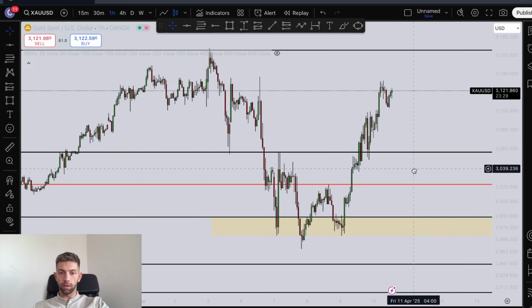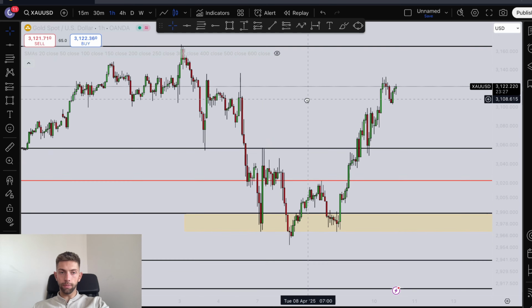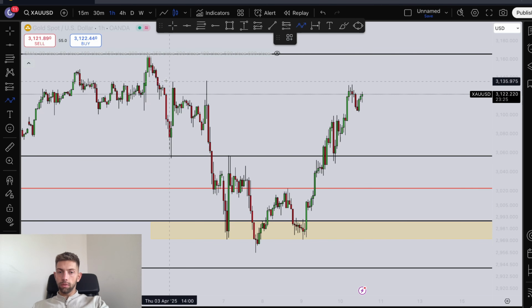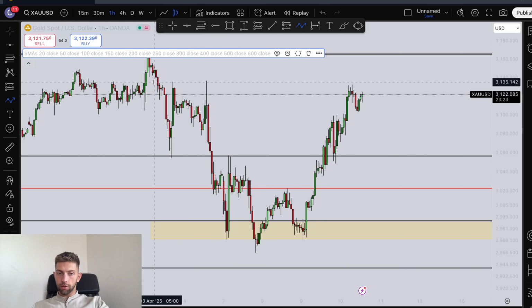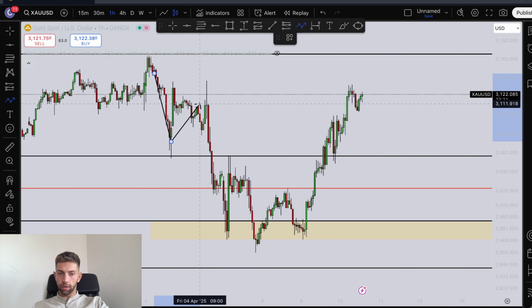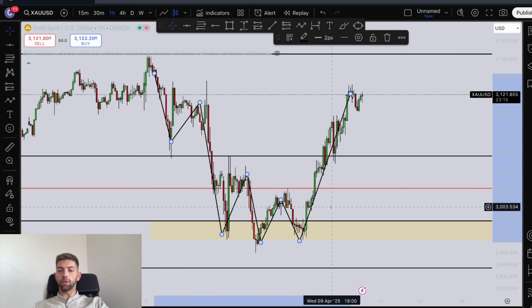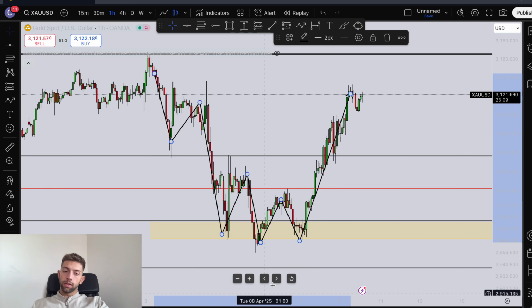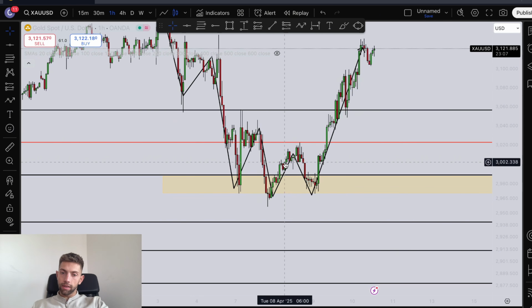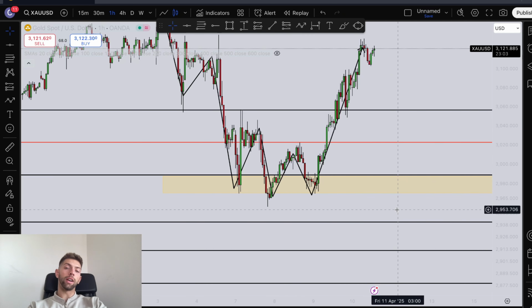So if I zoom in on the H1, price was trending bearish, creating lower highs and lower lows. And then right here, price broke structure to the upside, which means price is ready to go up, because if price would still create this downtrend, it means price is not ready yet.